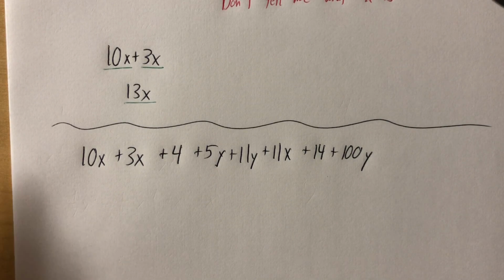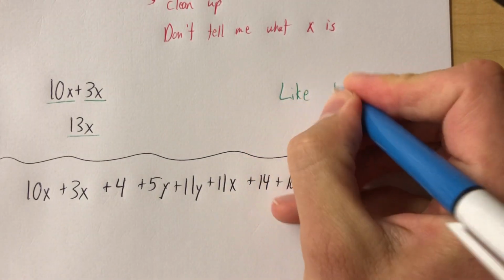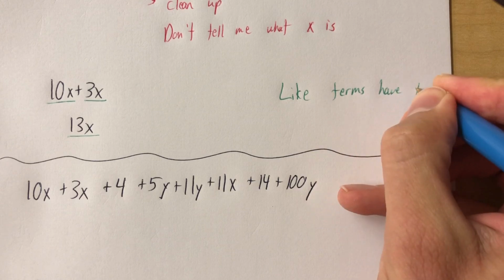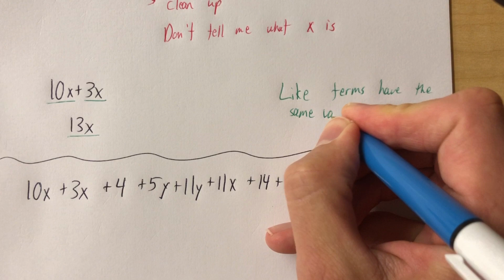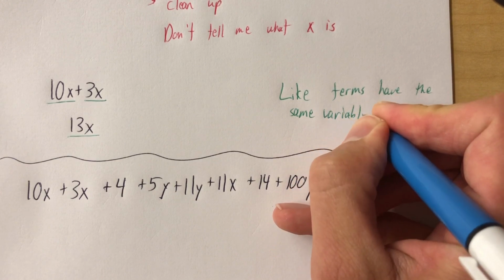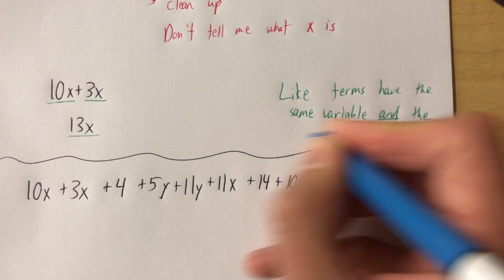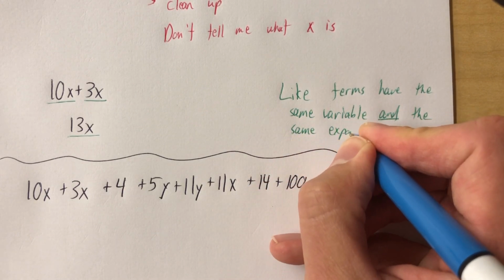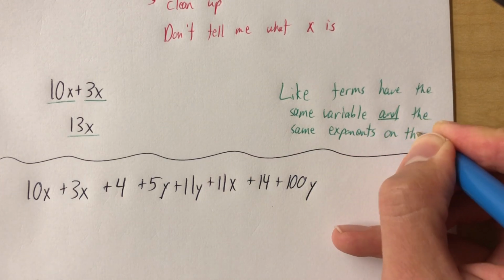Let me actually define that first. Like terms have the same variables, and that's true, but there's a little bit more: the same exponents, same powers, on those variables.